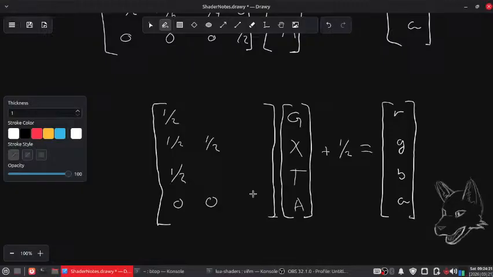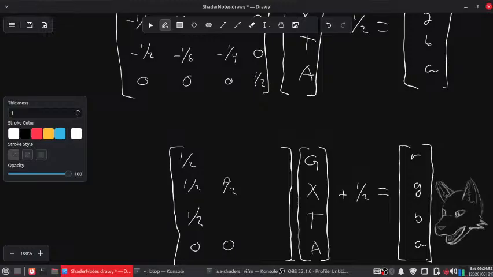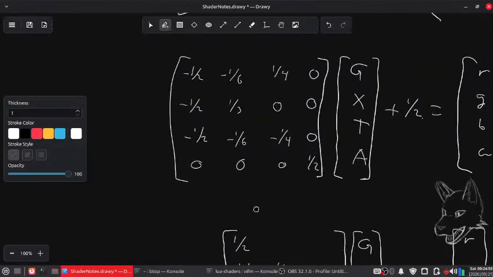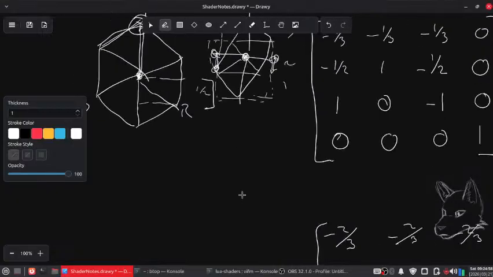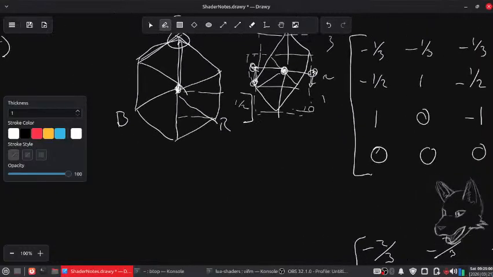Or is it like a 1/6? Because I'm thinking that it should be.